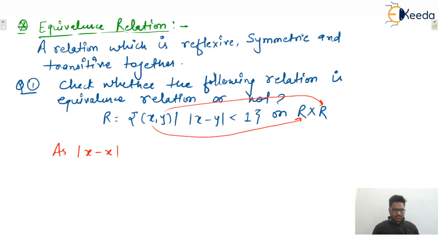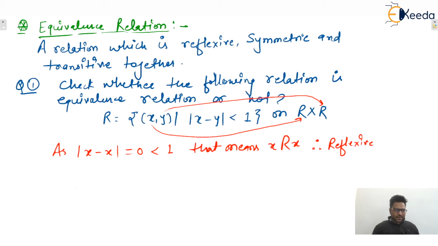Now we can say that x − x = 0, that is less than 1. That means x is related to x, isn't it? Therefore this one is reflexive, isn't it?